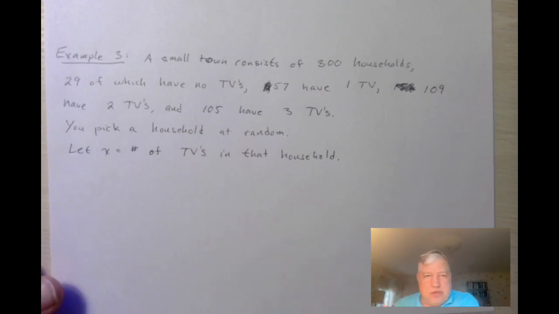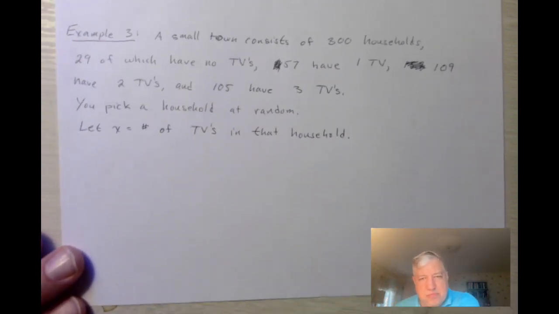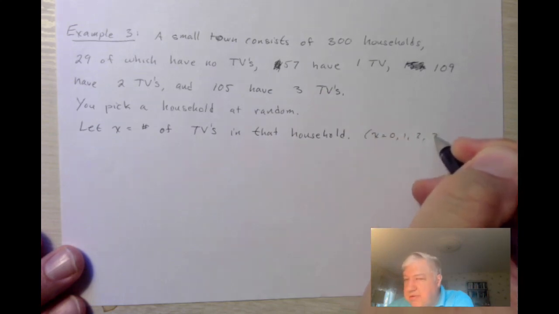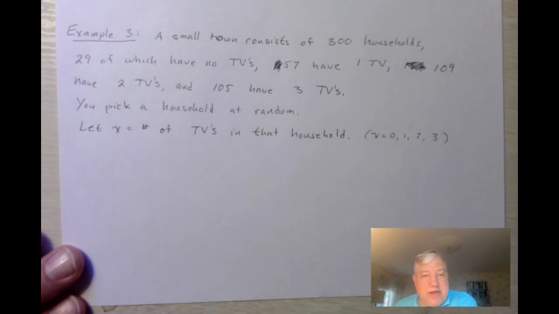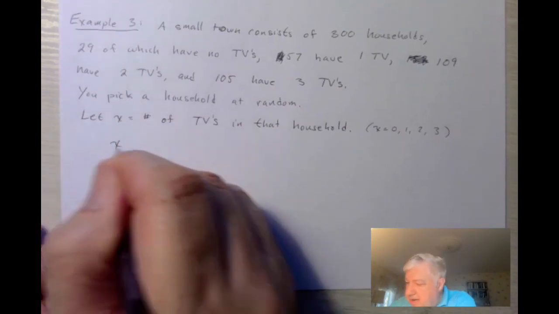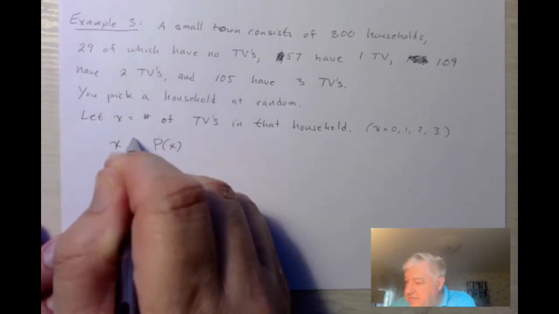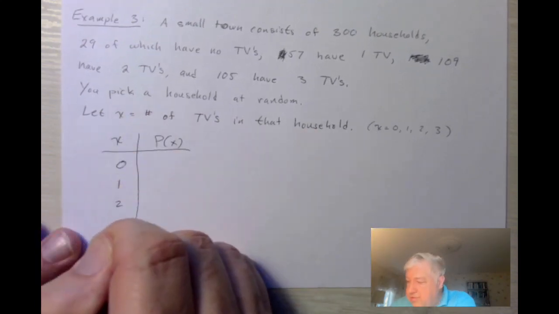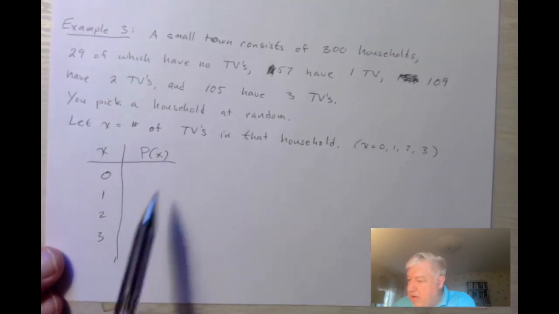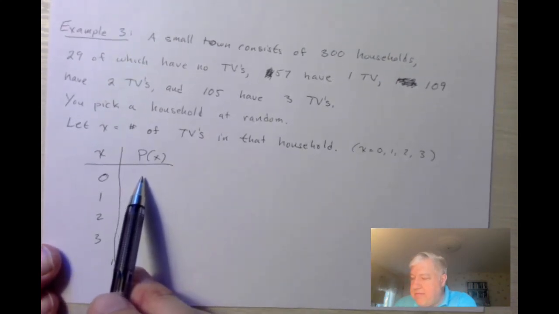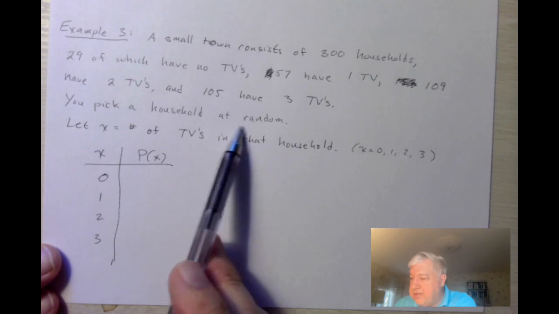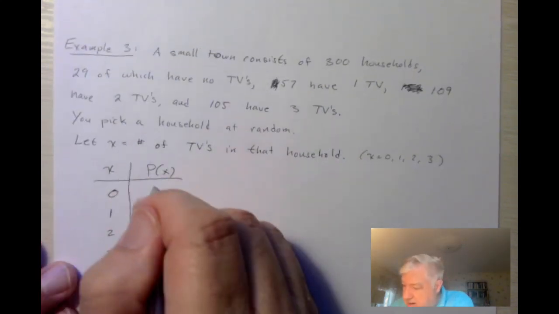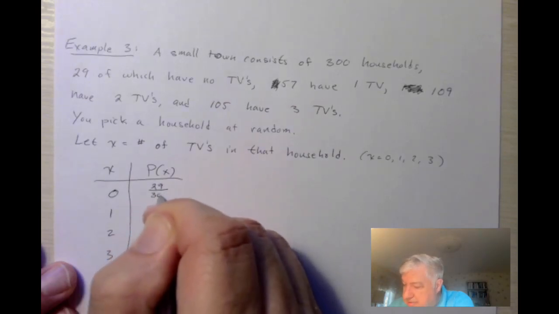Let's first get a probability distribution. Once again X can be only 0, 1, 2, or 3. These are all the possible values of X. So here's X, and here's P of X. So here's 0, 1, 2, 3. What would be the probability that our household has none? There are only 29 of them out of 300, so the probability would be 29 over 300.